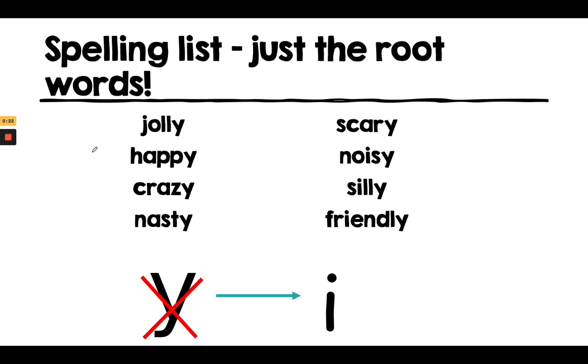You need to know to swap the Y for an I and add both the suffixes er and est. Okay, so all of these root words end with a Y and we swap the Y for an I and add the suffix.